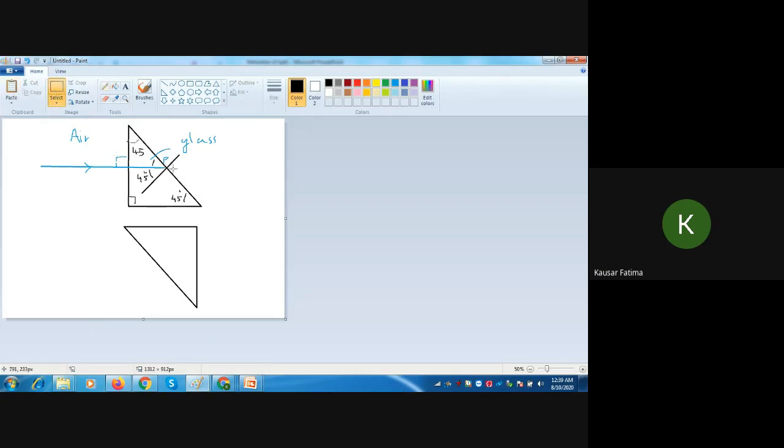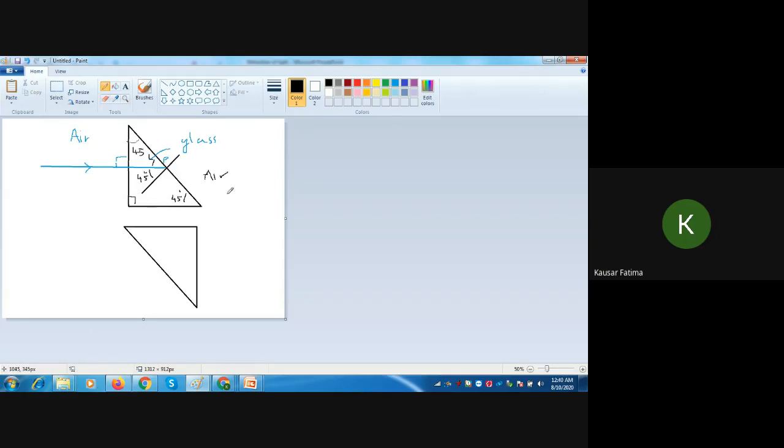This was actually going from glass to air. This is glass and it was about to go from glass to air. But the angle at which it is striking the boundary of glass to air, this is air outside, that angle is more than the critical angle.